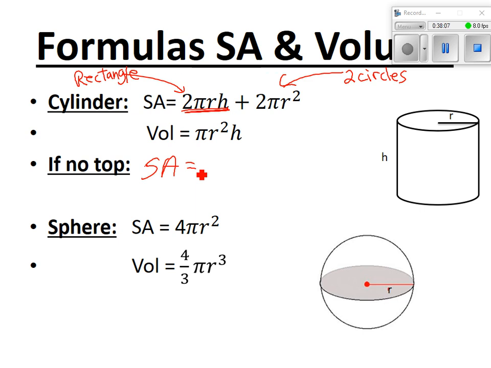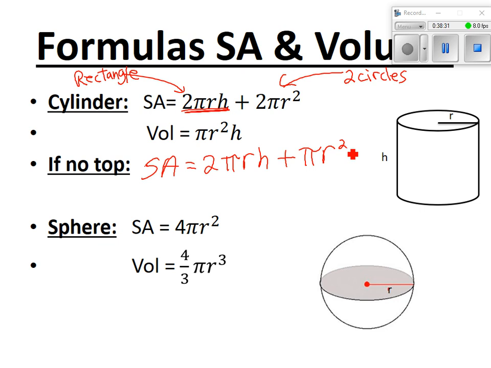What's it going to be? What's the formula for surface area if it doesn't have a top? 2 times pi times radius times height plus pi times radius squared. Instead of 2 circles now, if it doesn't have a top, we just have what? 1 circle. So you just get rid of that 2 right there.